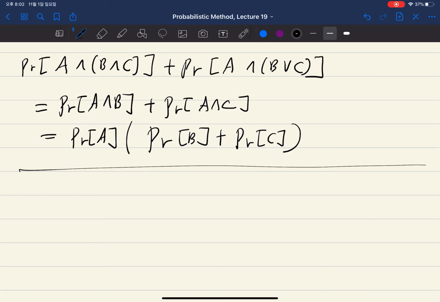On the other hand, because of the assumption that A, B, C are increasing events, both of these are increasing events.